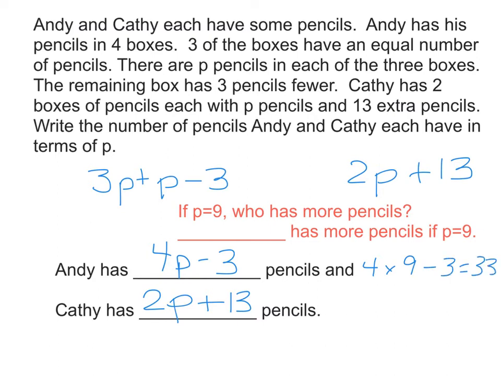He would have 33 pencils. And Kathy would have 2 times 9, which is 18. And 18 plus 13 is 31 pencils. So Andy has more pencils if P equals 9.